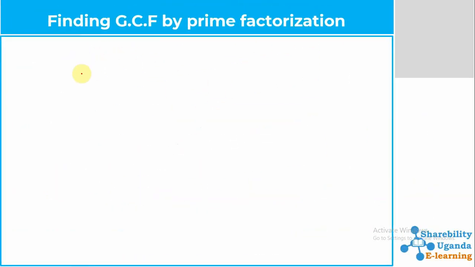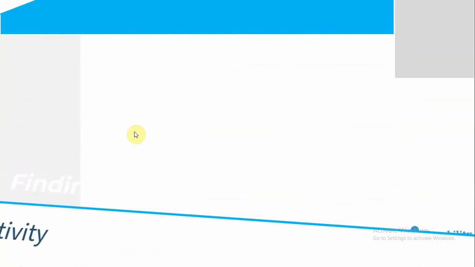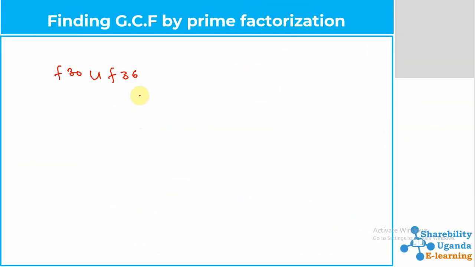This is what they want us to find. We can identify them in the Venn diagram, or we can even do them.